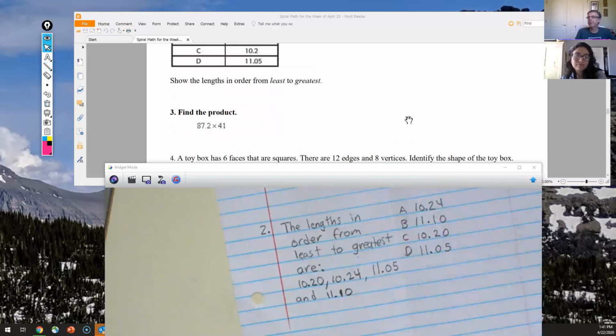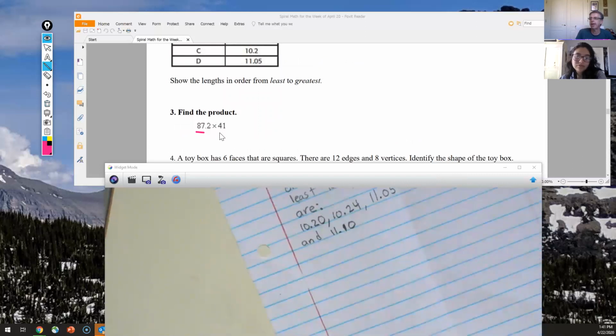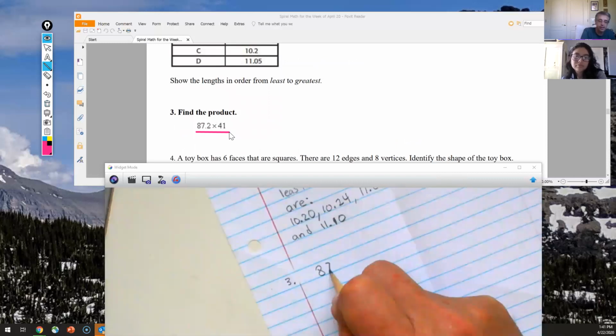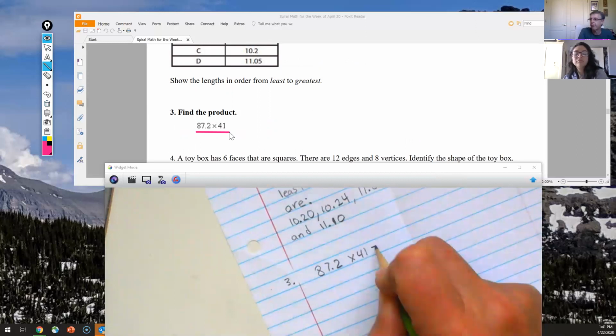On this one, we're going to be finding the product of 87 and 2/10 multiplied by 41. I'm going to go ahead and write that out right here. And since it's a number sentence like this, I can just put 87 and 2/10 multiplied by 41 equals, and I'll leave a blank for my product.